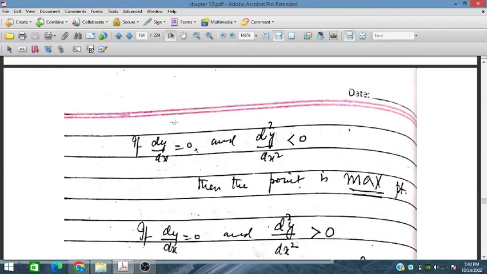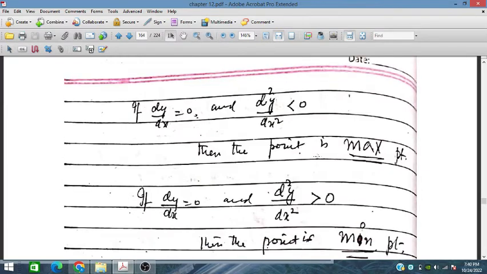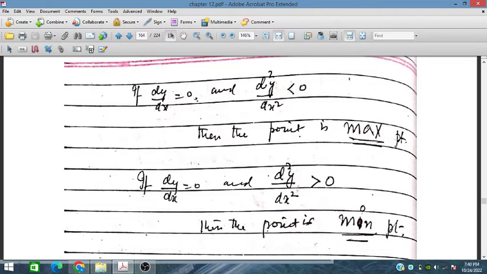If dy by dx is equal to 0 and the second derivative is less than 0, then the point is a maximum point. The derivative is negative, so the maximum point has been reached, and the second derivative is giving a negative value, less than 0. This means the point is a maximum. If dy by dx is 0 and the second derivative gives a positive value, the slope is rising.